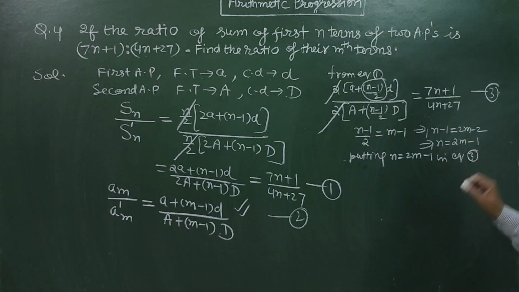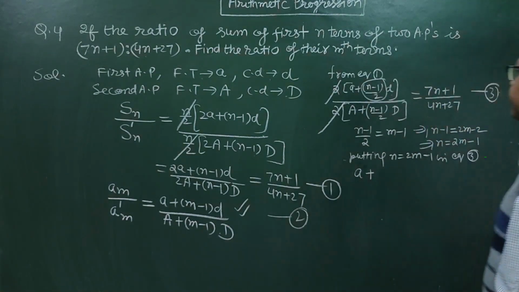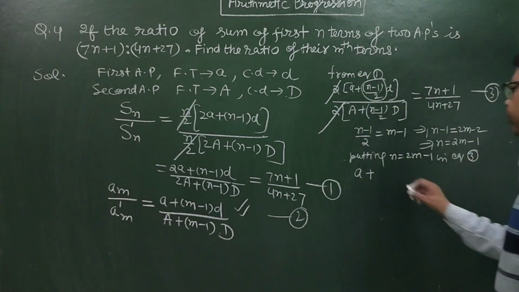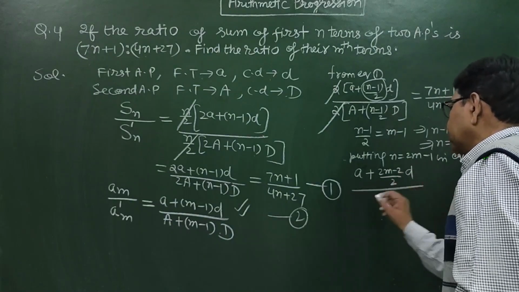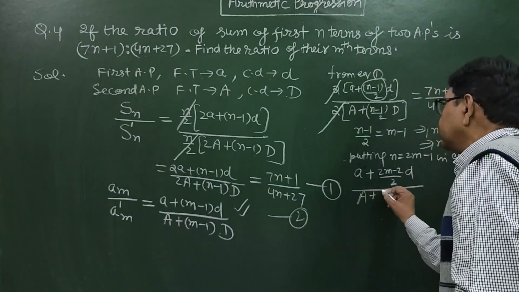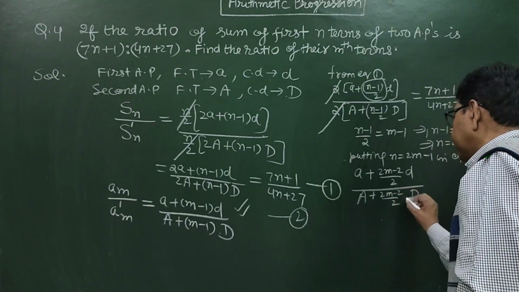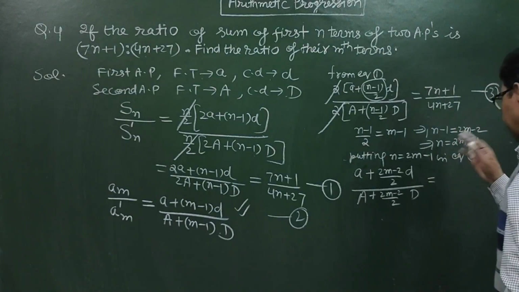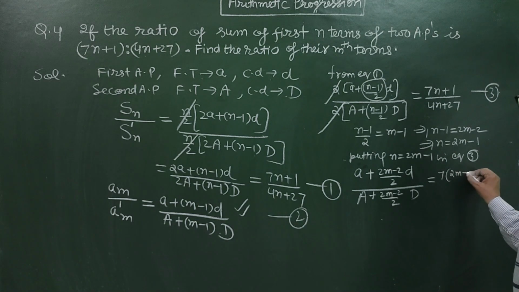So if I put n equal to 2m minus 1, then it will take a plus (2m minus 1 minus 1), that is (2m minus 2) upon 2 into d, and in the denominator capital A plus (2m minus 1 minus 1), that is (2m minus 2) upon 2 into capital D, is equal to, on the right hand side, we will put 7 into (2m minus 1) plus 1 upon 4 into (2m minus 1) plus 27.